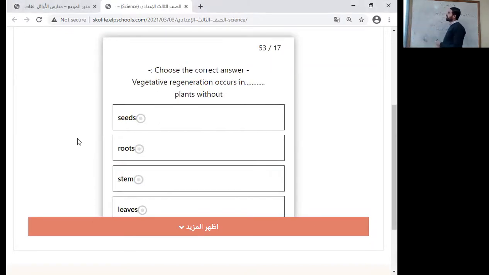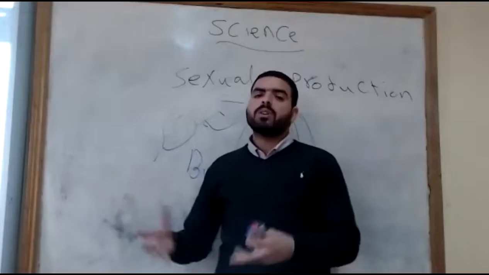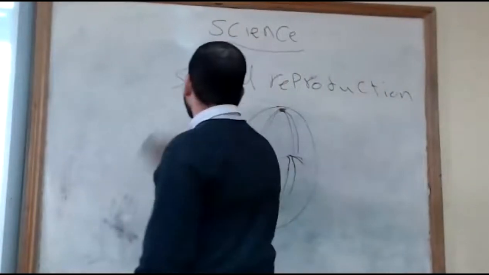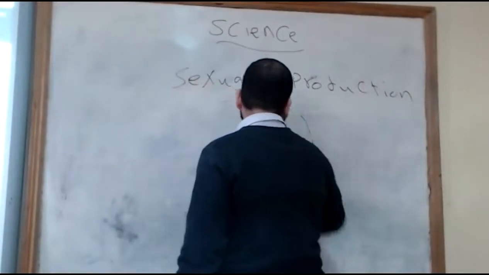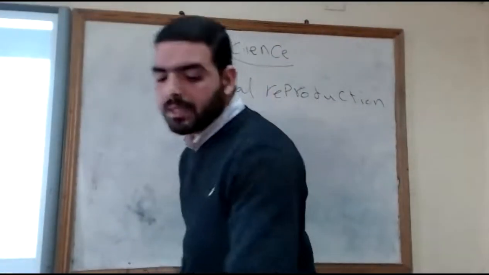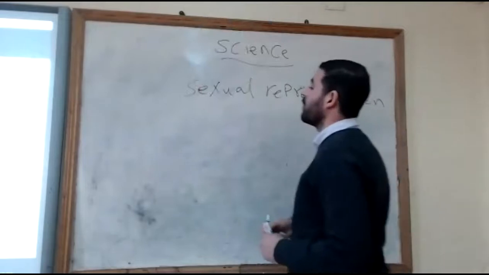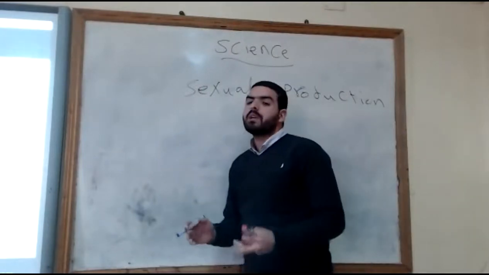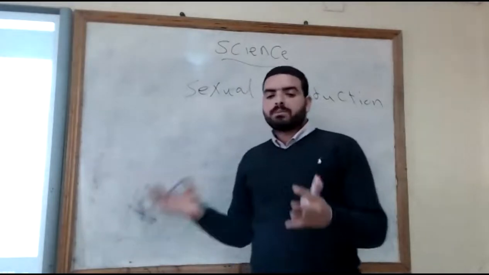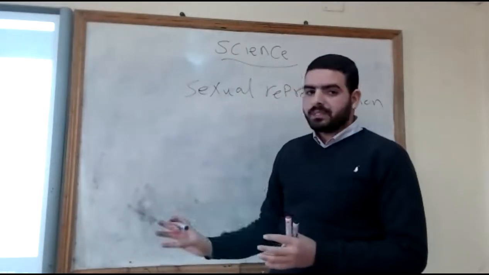Vegetative regeneration occurs in plants without seeds. Vegetative reproduction depends on a part of some plants, like the stem or leaves, in which we get a part of the plant and cut it into small pieces, and we supply them with a suitable nutritive medium in which the part of the plant can grow into a complete plant without any need for seeds.